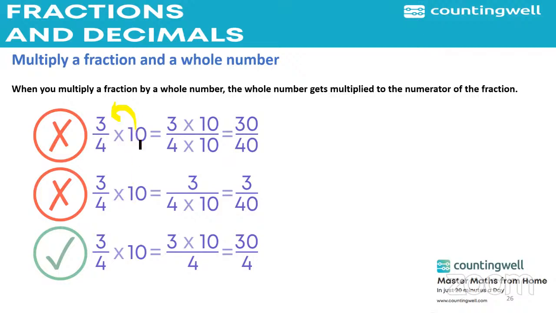But here the student has multiplied 3 into 10, also 4 into 10, and got the answer 30 upon 40. Or here the student has multiplied 4 and 10 and written the final answer. But the correct way is to multiply that whole number only to the numerator of the fraction. So this is the correct way.